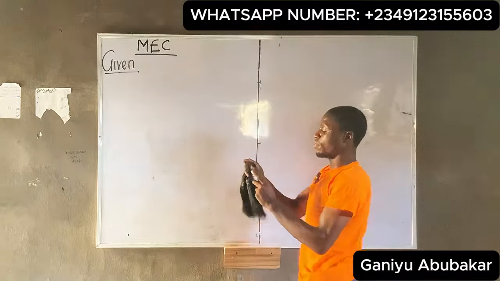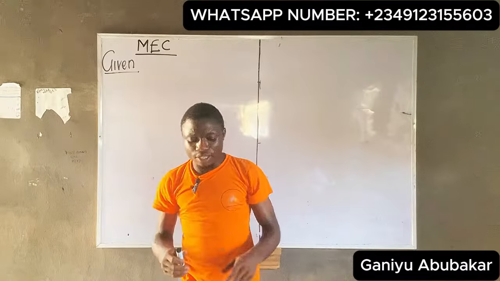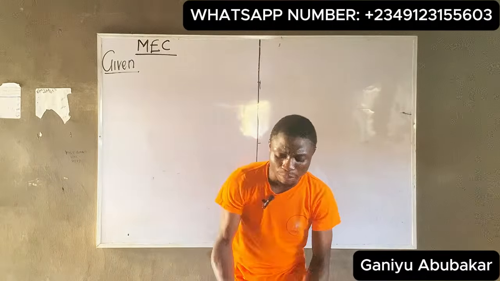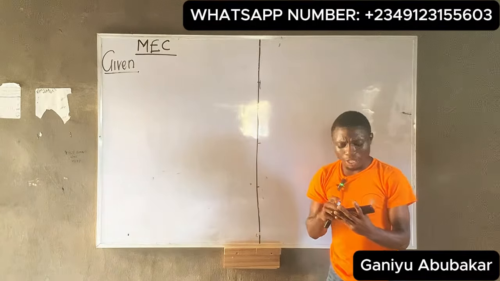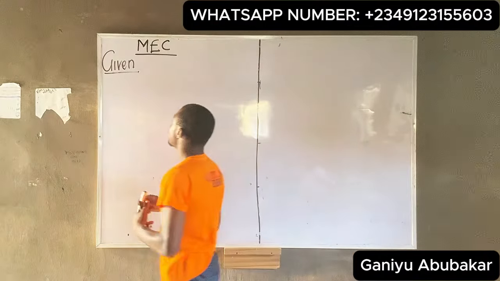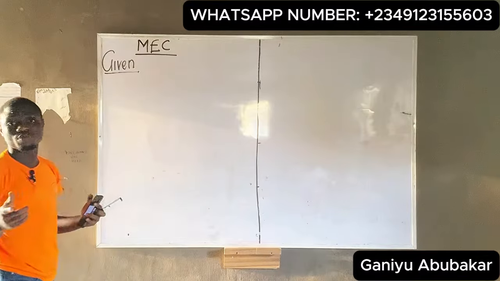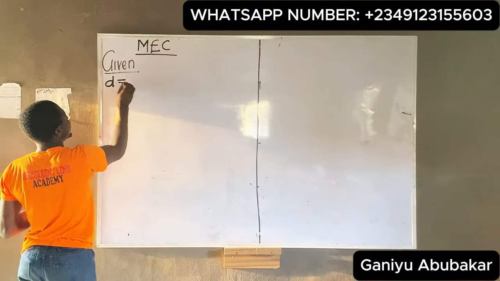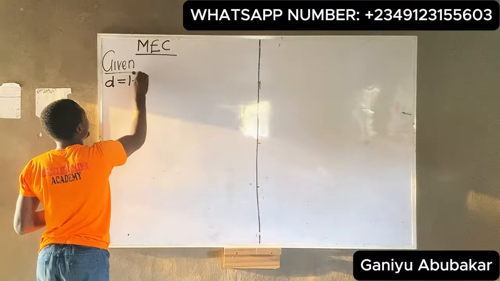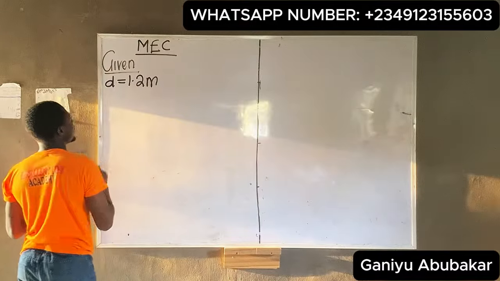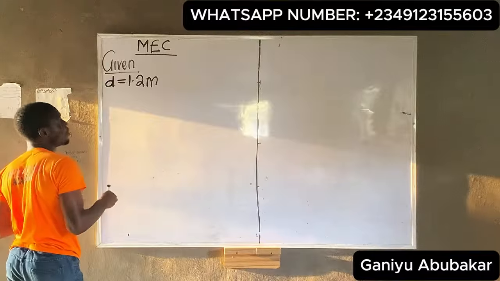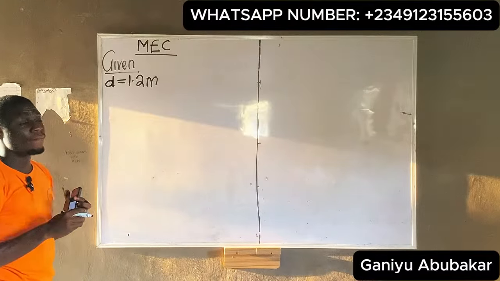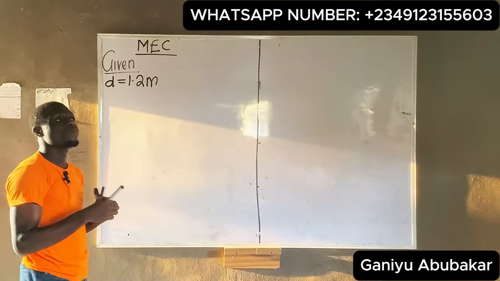What's the first thing? What's D? 1.2 meter. What next there? What's given? One what?